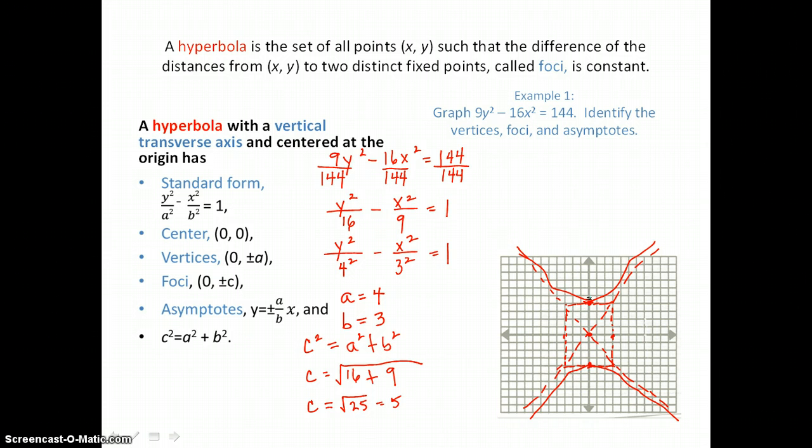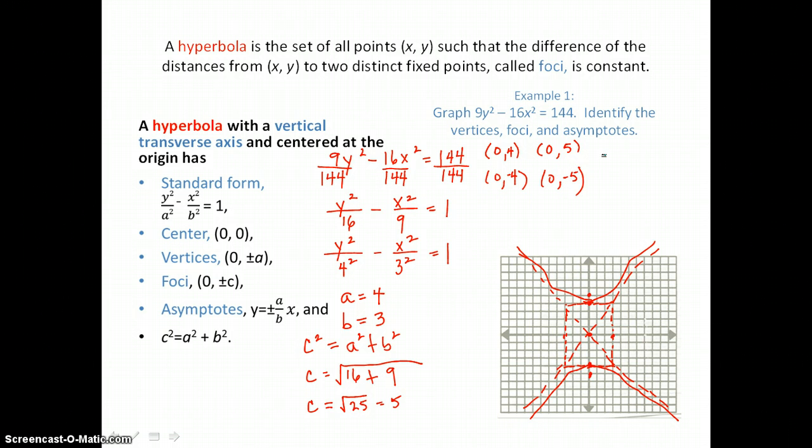So up 5 units from the center, I'm going to locate one focus, and down 5 units from the center, I'll locate the other focus. Okay, now to identify the vertices, they were at (0, 4) and (0, -4) on that vertical transverse axis. The foci are at (0, 5) and (0, -5).